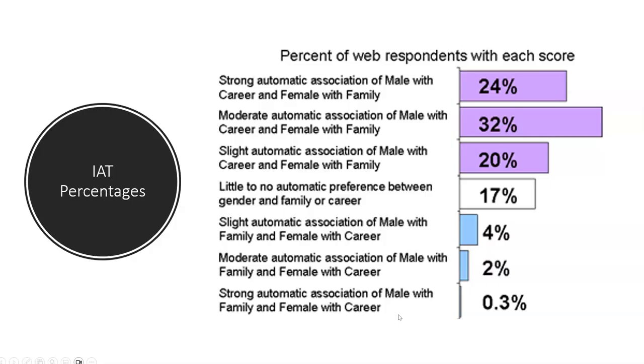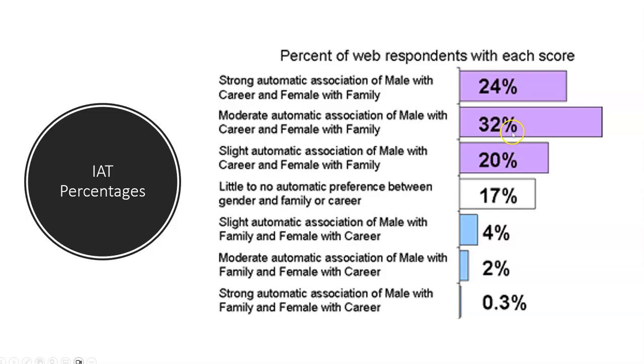So think about stereotypes about gender: male associated with family, female associated with career. You can see in a US sample, very unlikely. You go the opposite direction: strong automatic association of male with career, female with family, and you get about 25% of the population. And then a moderate association between male and career, female and family, 32%.